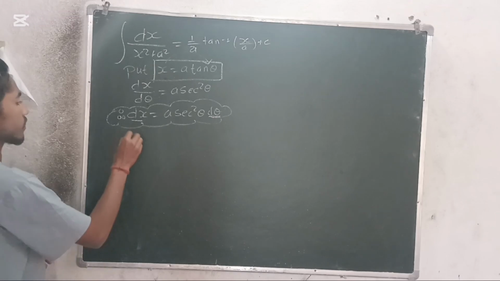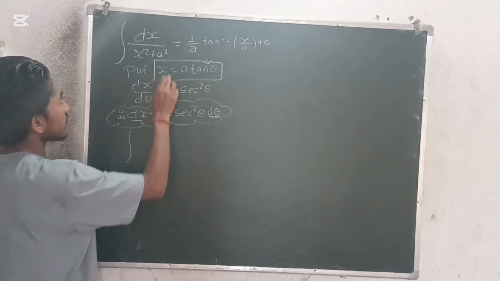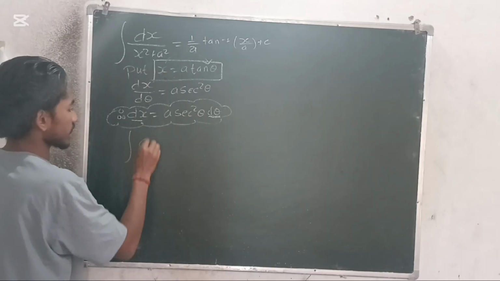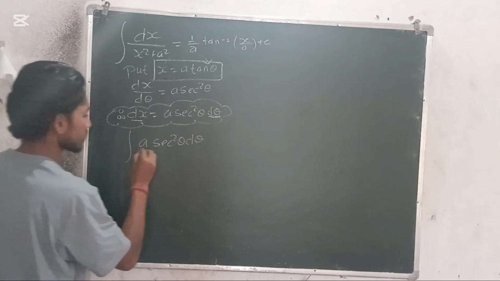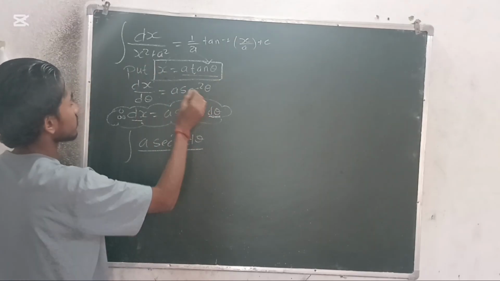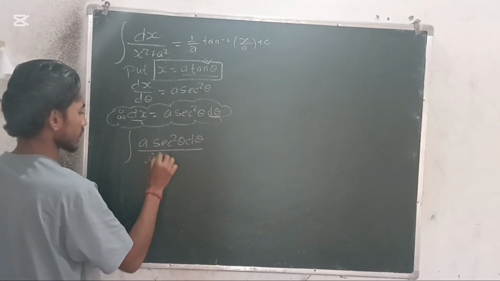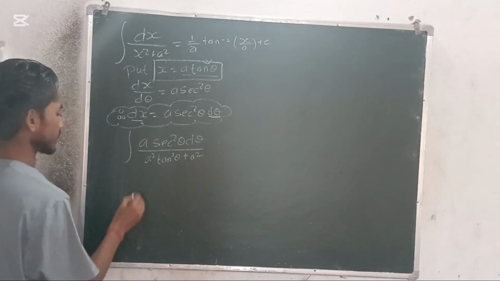Now we can substitute our relation here, and we will notice something very beautiful. The integral becomes a secant square theta d theta divided by, we have x is a tan theta, and if we square it, we will get a square tan square theta plus a square.